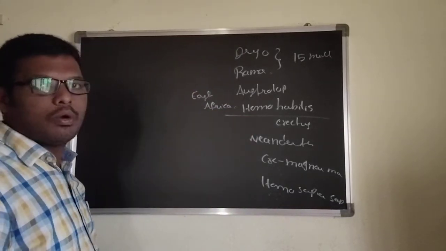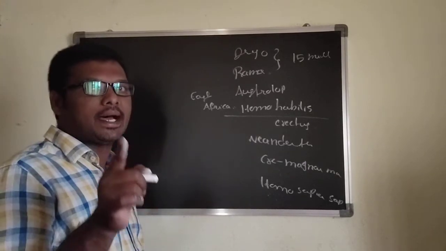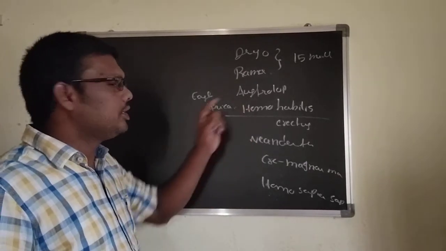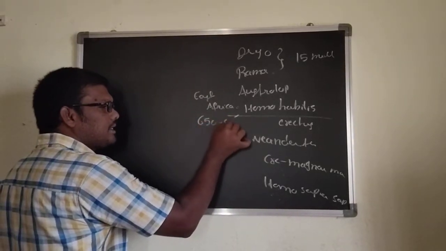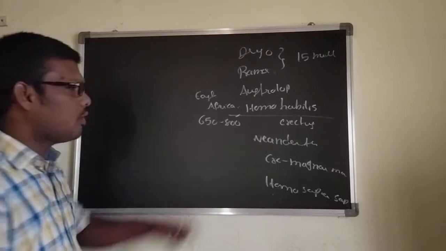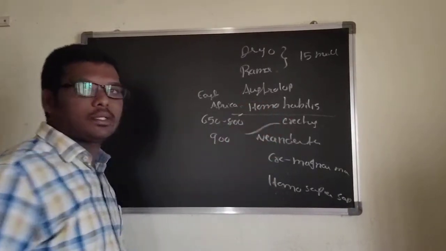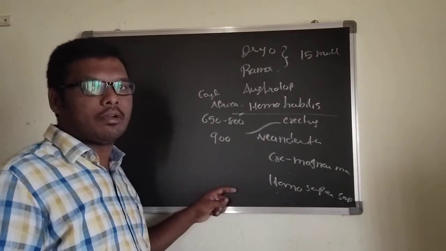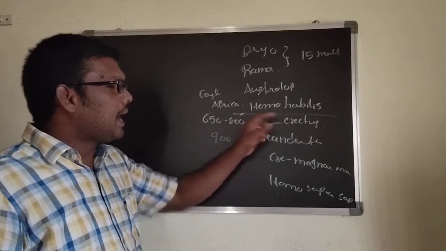If you observe Homo habilis, they were the first to make tools. The cranial capacity of Homo habilis is 650 to 800 cc. If we go for Homo erectus, 900 cc. Homo erectus is also called Java man, because the fossils were found in Java, Indonesia.